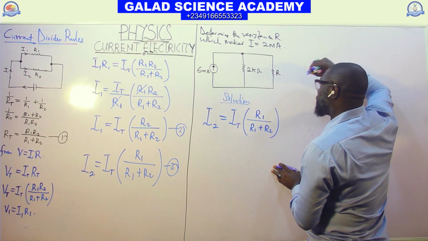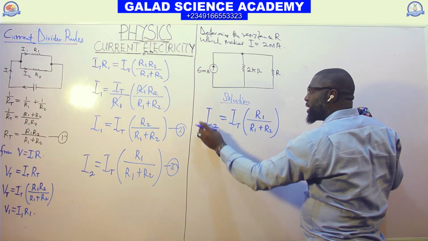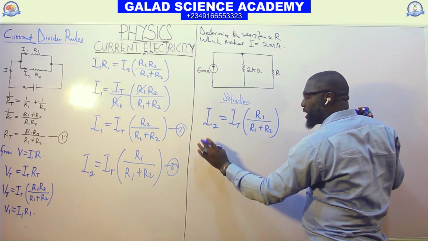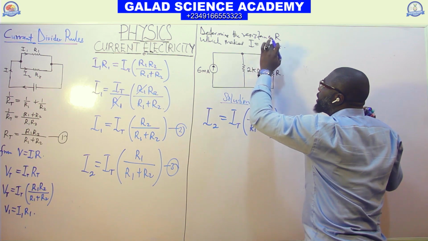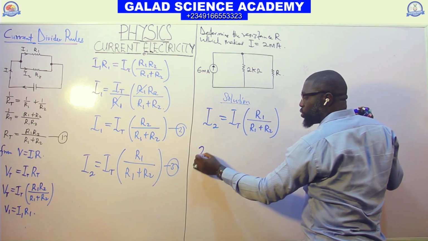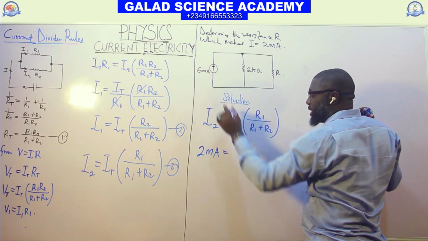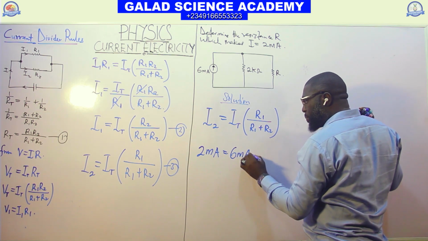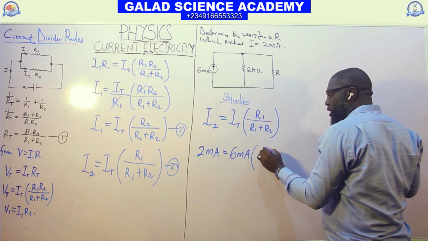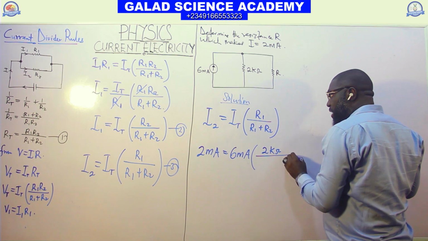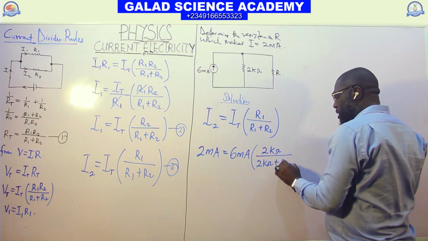Determine the resistance. This is what we are looking for. The current is 2 milliamperes. I total is 6 milliamperes into bracket, R1 is 2 kilo ohms, everything over 2 kilo ohms plus R.